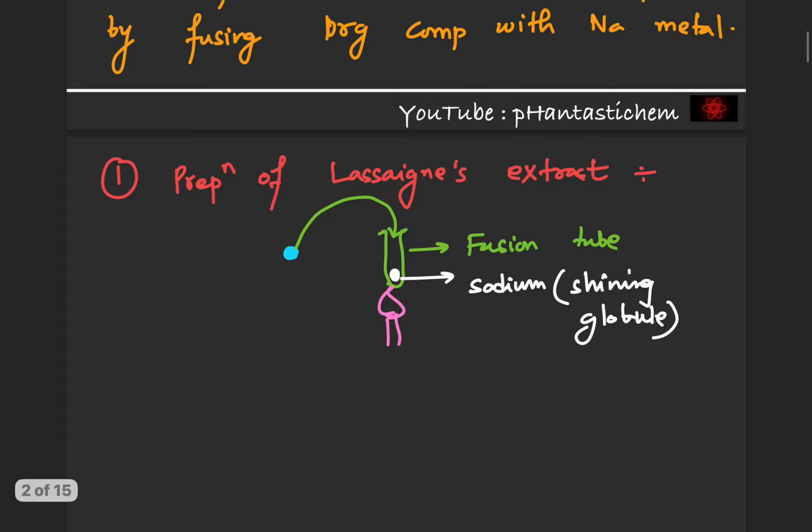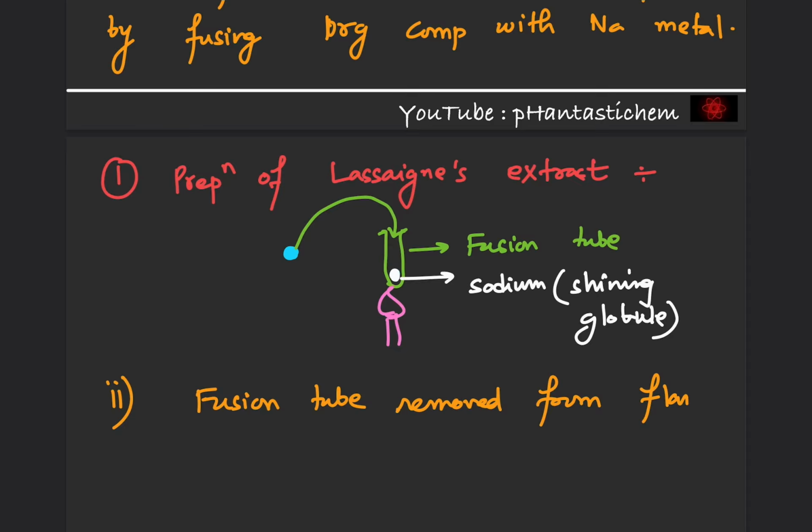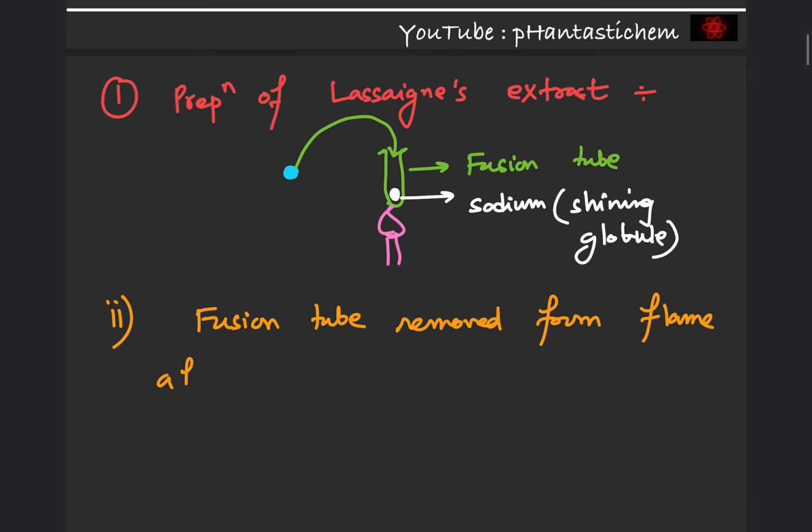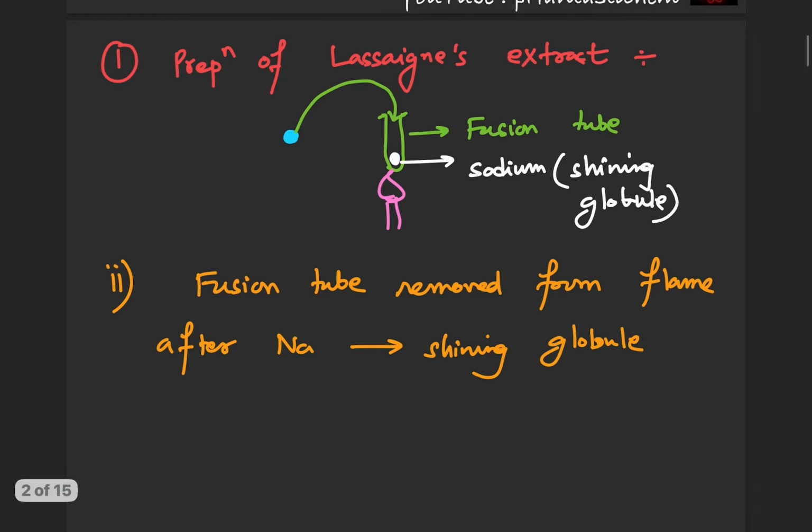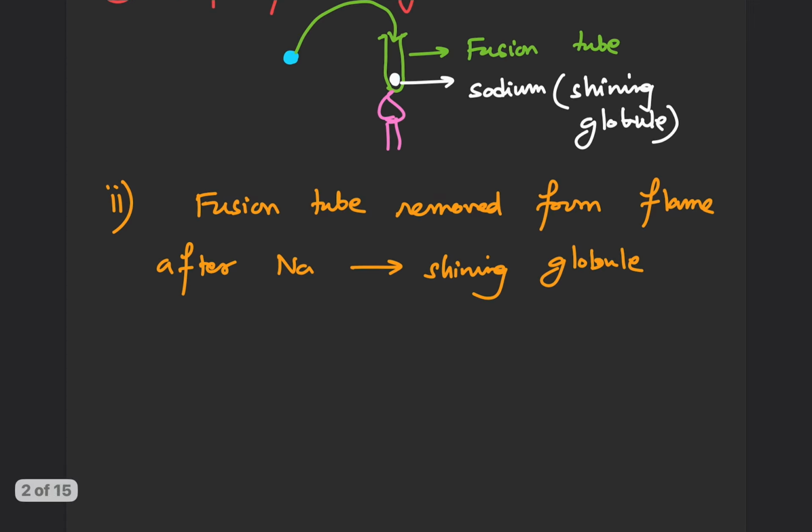So the second part is fusion tube removed from flame after sodium has converted into a shining globule. Cool. Then we have the third step.